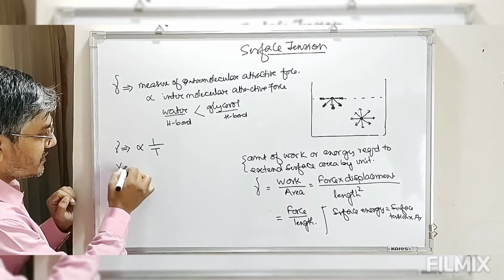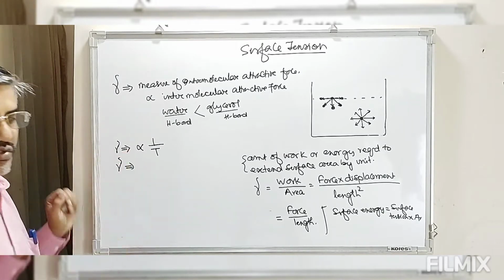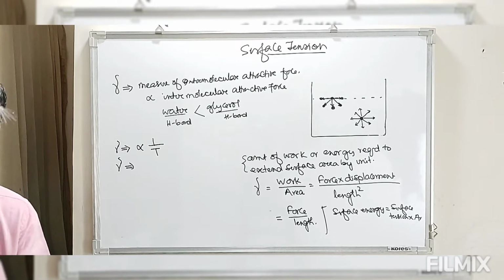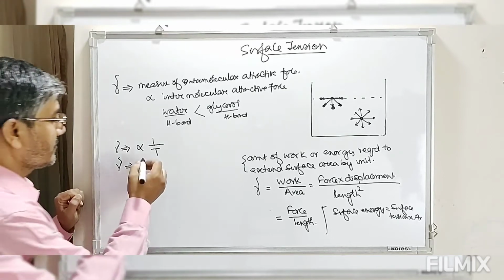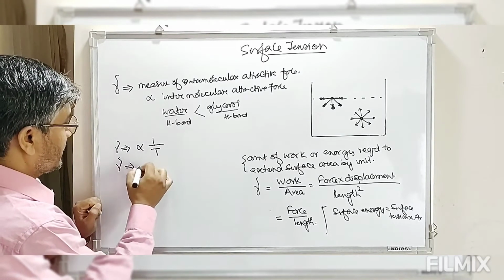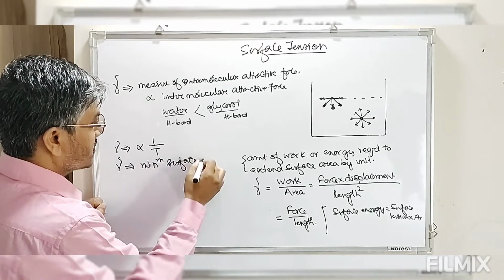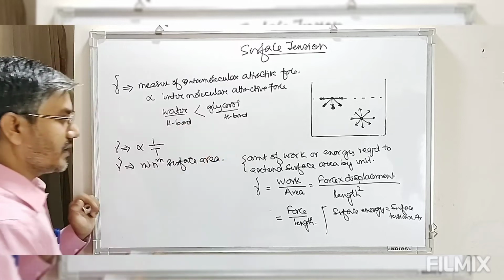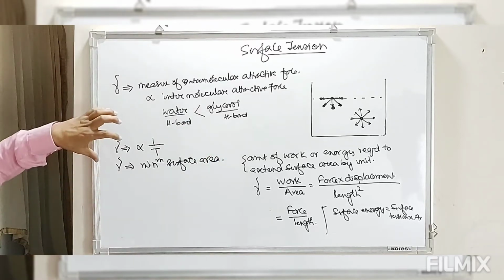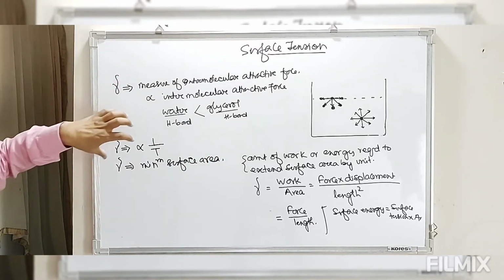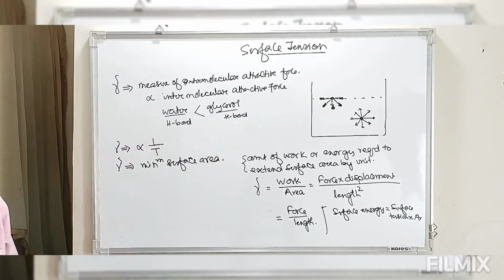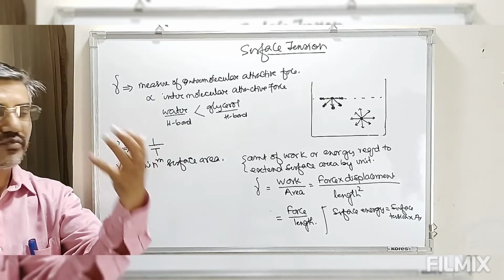Because of this surface tension, liquid always tries to assume minimum surface area, that is the spherical shape.